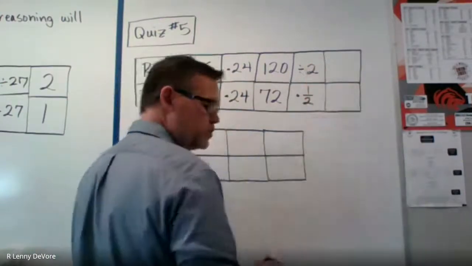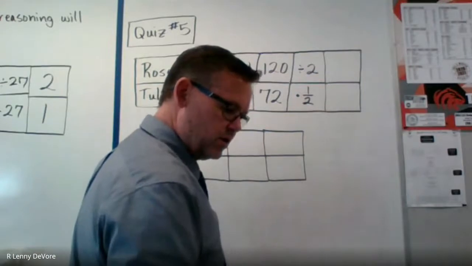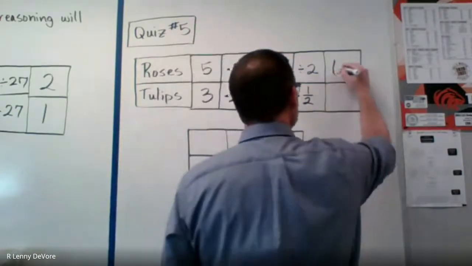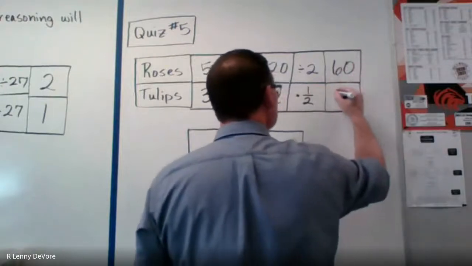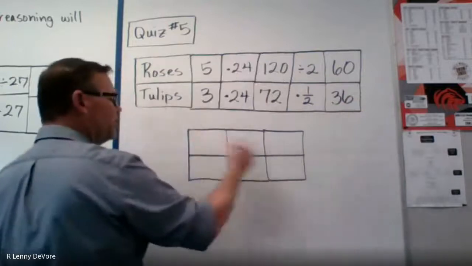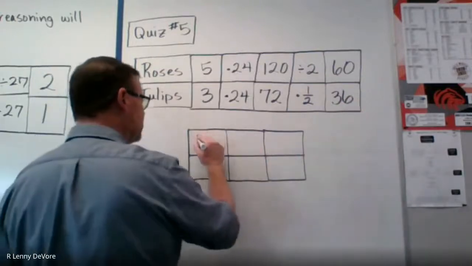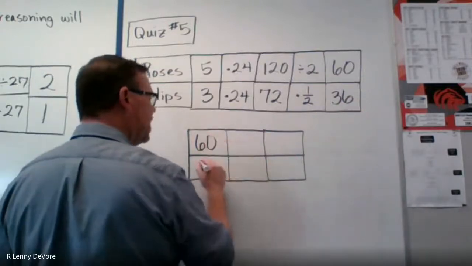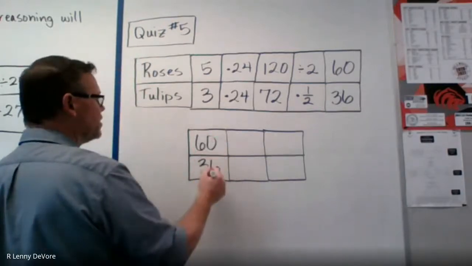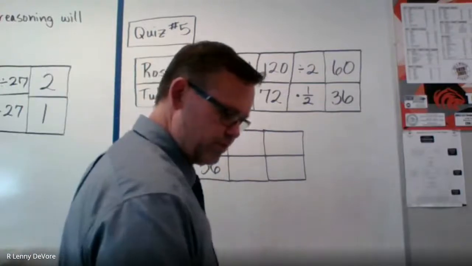Okay, so both of those are actually equivalent. And so if we do that, then I get 60 here, and 36 here. I didn't have enough room, so I'm going to move this down here. If they use half of them, they have 60 roses and 36 tulips.